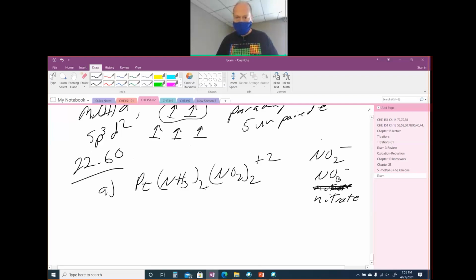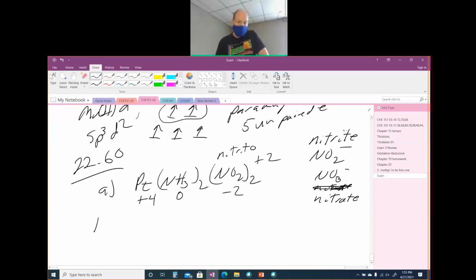So this is nitrite. As a ligand, it is nitrito. So that's -2. This is neutral. This has to be a +4 in order to give an overall of a +2.